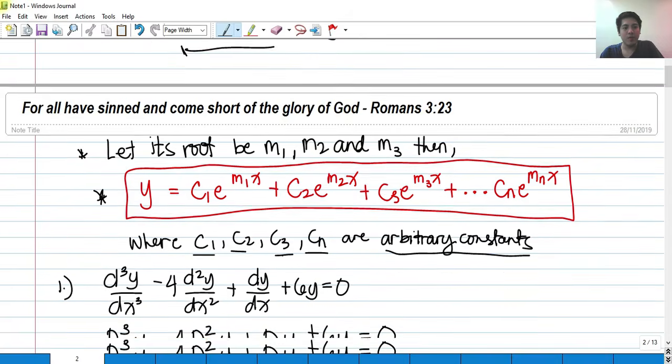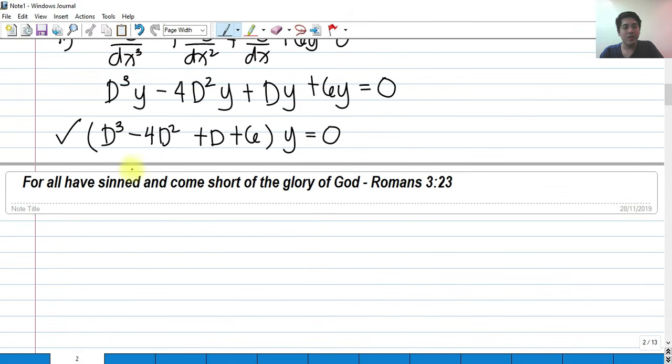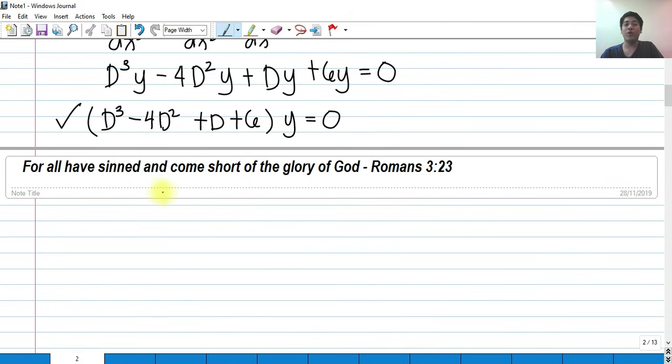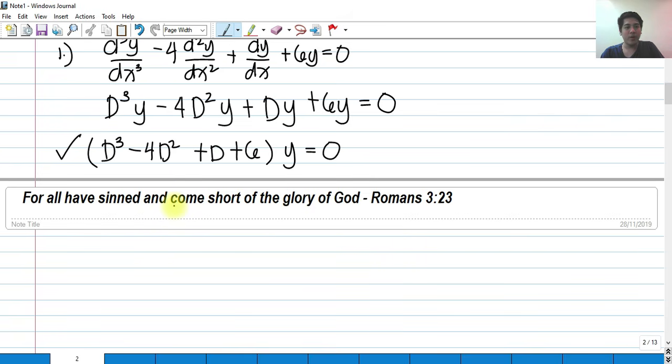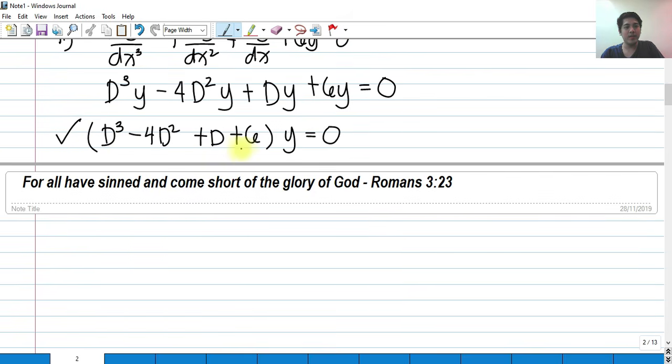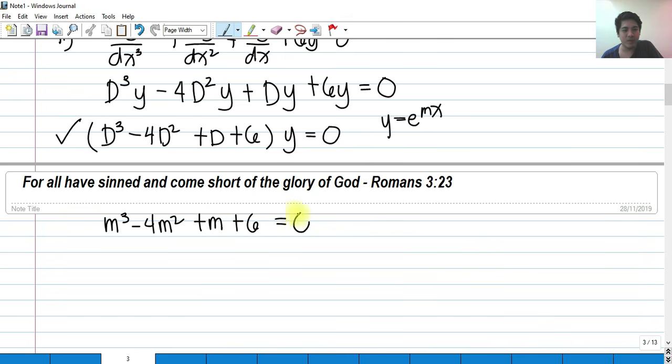What we are going to do next is put it in what we call the auxiliary equation, wherein we let d equal to m, because y is equal to e raised to mx. Putting these differential operators into m, we have m cubed minus 4m squared plus m plus 6 is equal to 0.